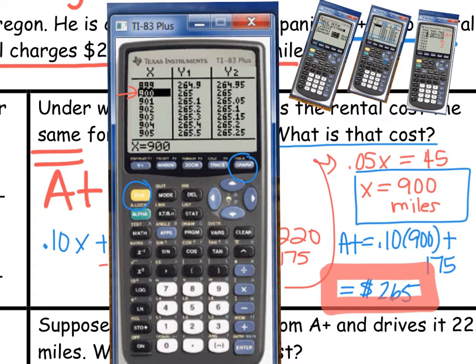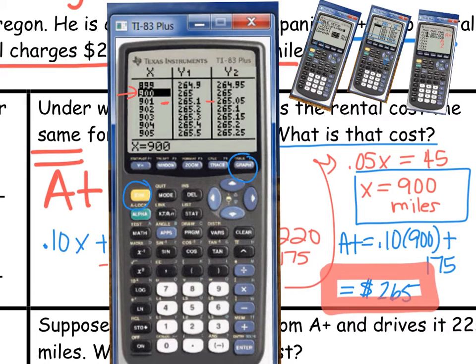The next part says, under what circumstances is renting from Zip Auto cheaper than renting from A+? Well, I want to know what number of miles is going to be cheaper to rent from Zip Auto. If I look at anything bigger than 900 miles, A+ Auto Rental is $265.10 and Zip Auto Rental is $265.05.